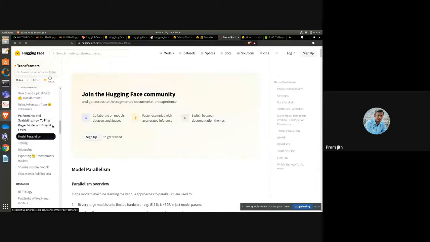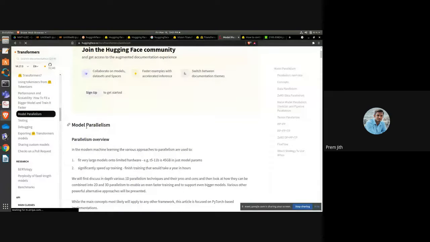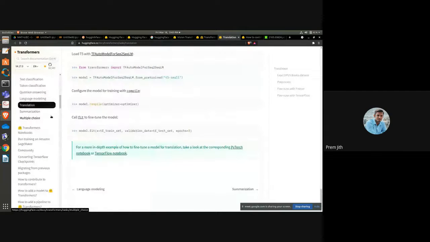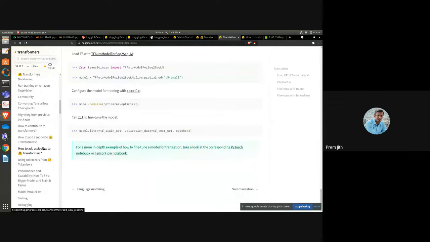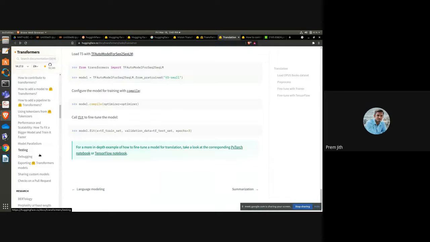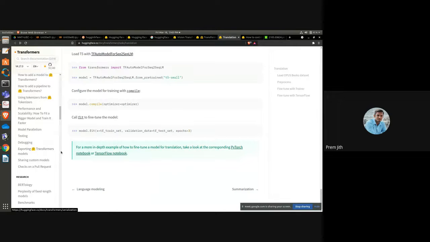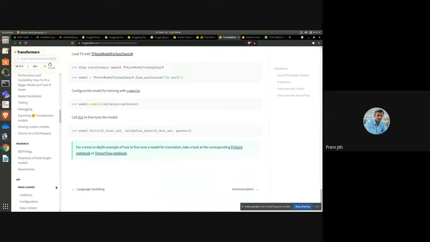There is a concept called multi-head attention, and through multi-head attention we are able to bring the parallelism concept into the transformer network. Multi-head attention is directly connected to data transformation. Then testing, debugging, exporting transformer models, sharing custom models.